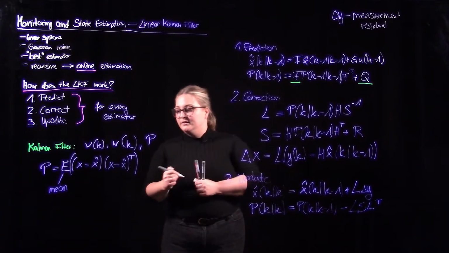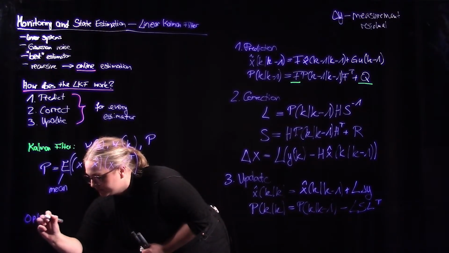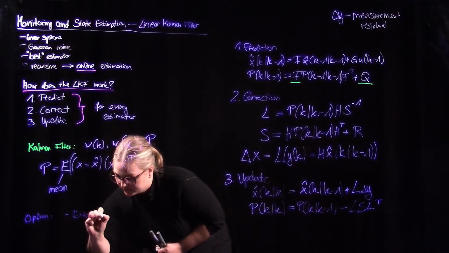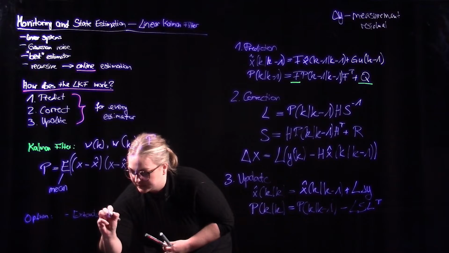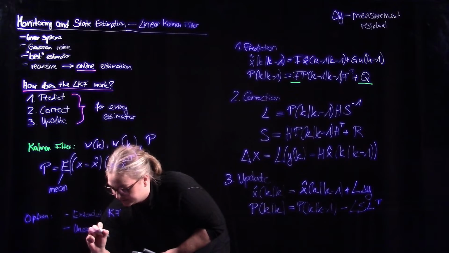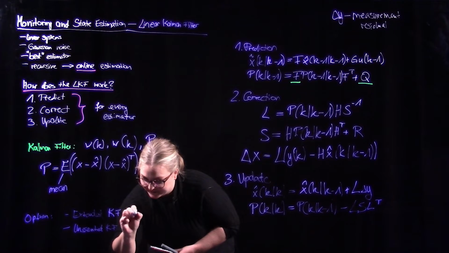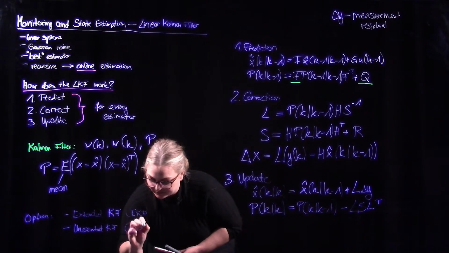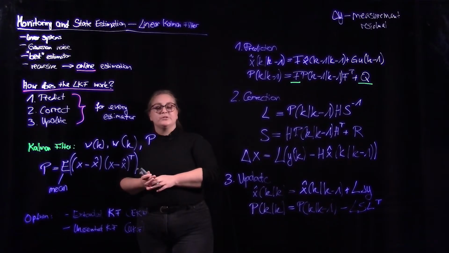We can either do something that is called an extended Kalman filter or an unscented Kalman filter, short EKF or UKF. Those two, for other systems than linear, we will talk about in the next video.